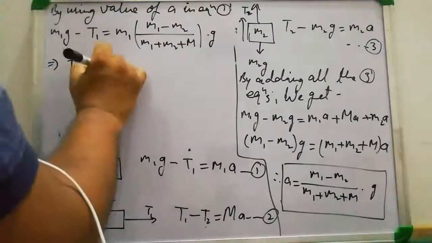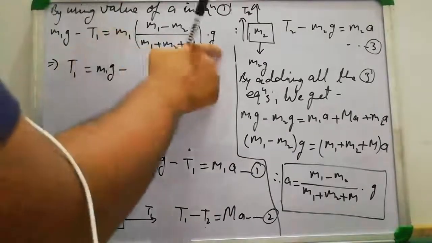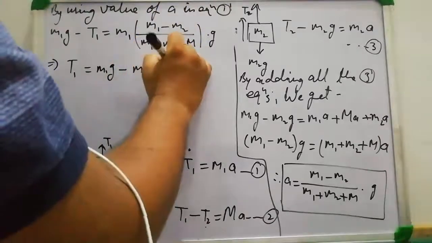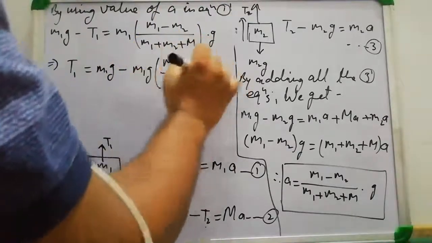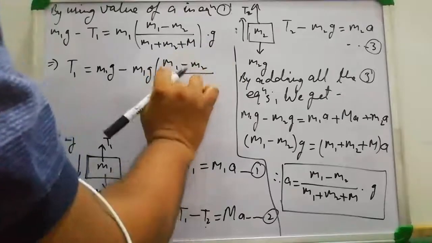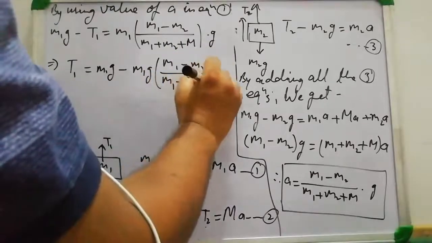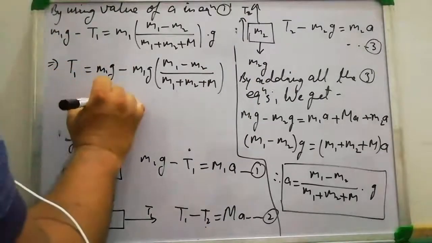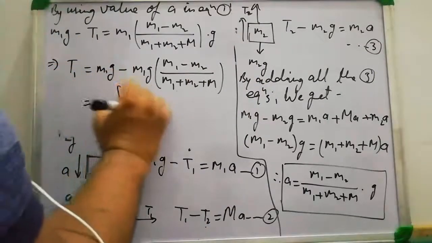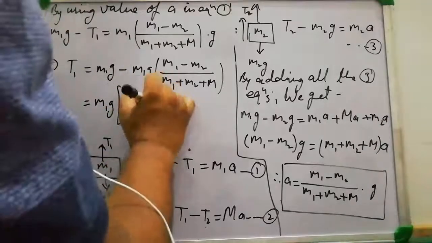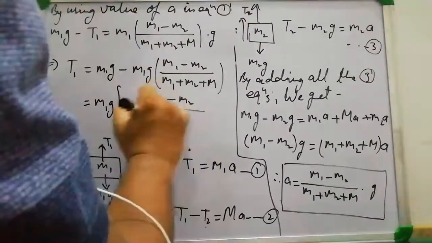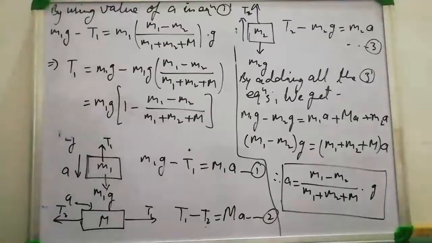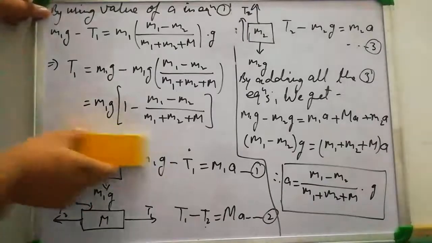So we can write M1g as it is, multiplied by (M1 minus M2) divided by (M1 plus M2 plus capital M). Now M1g is common, we have taken M1g common. In the bracket we will get 1 minus (M1 minus M2) divided by (M1 plus M2 plus capital M). Okay, now solve it.